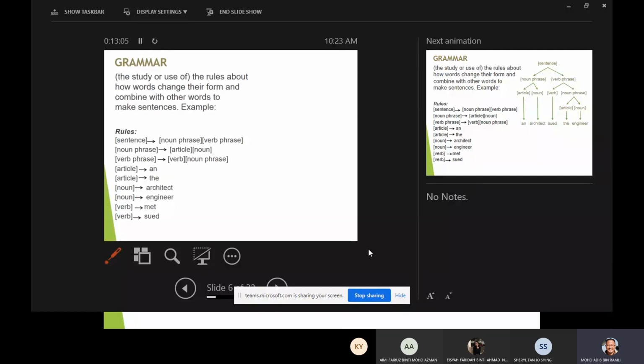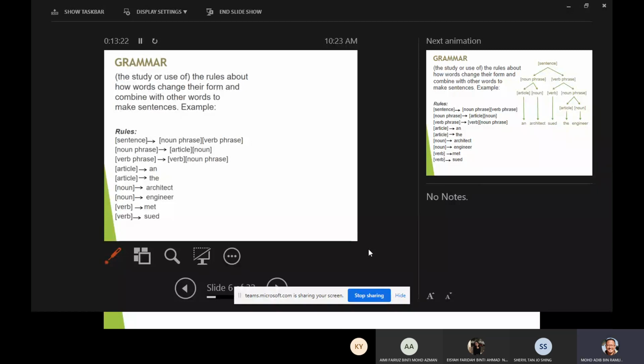articles? One example is a, another example is the, and then nouns, right? So one example is architect, one example is engineer, and verb. One example is met, one example is suit.